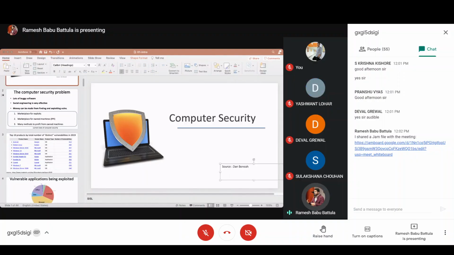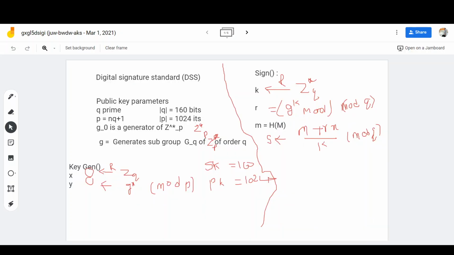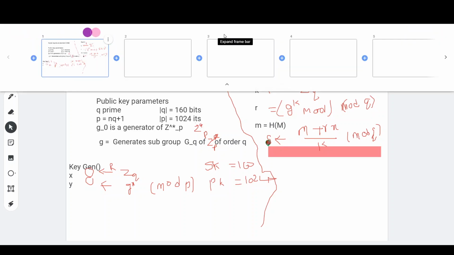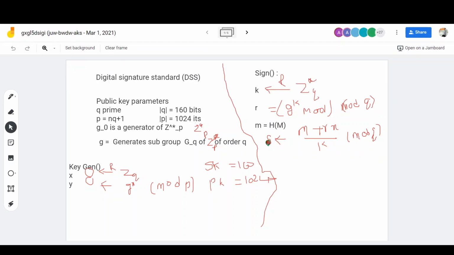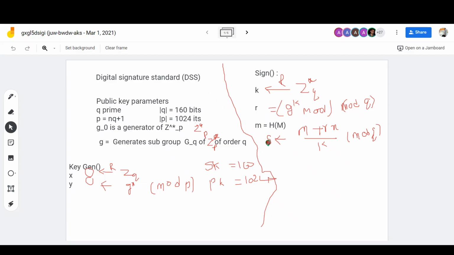One thing in the signing algorithm we need to write down: if r equals 0 or s equals 0, you can redo this process.